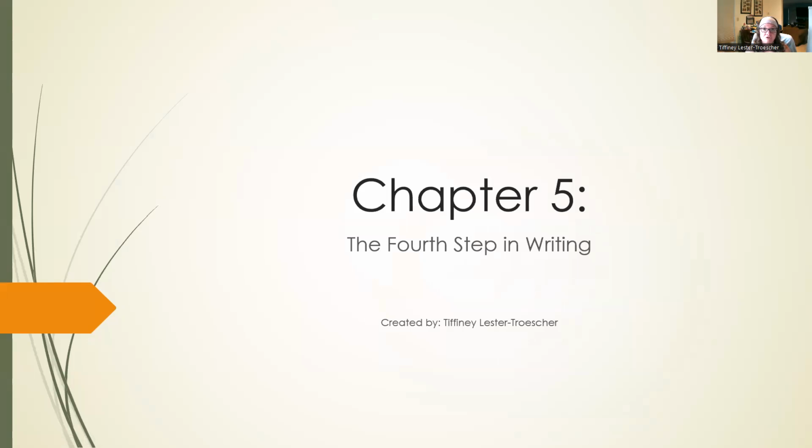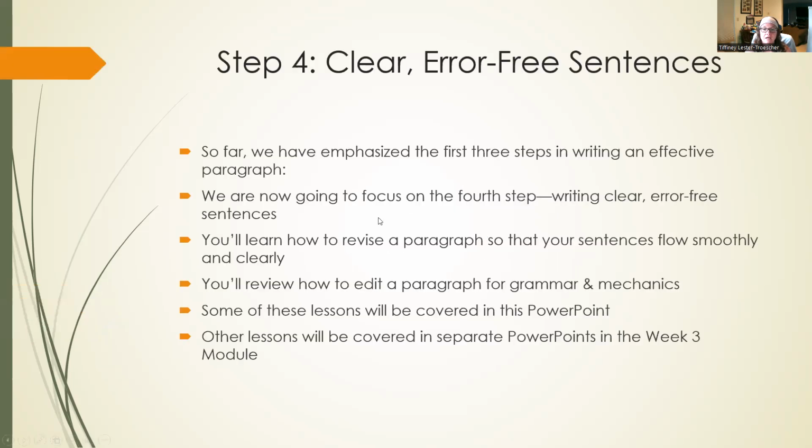We have to connect our ideas and organize them in an effective, logical manner, right? Step 4 is looking at the smaller details in terms of sentence sense. Basically it means making sure you have error-free sentences.